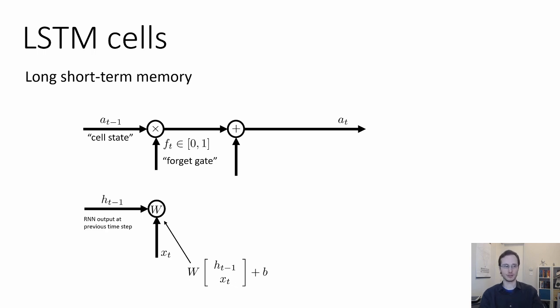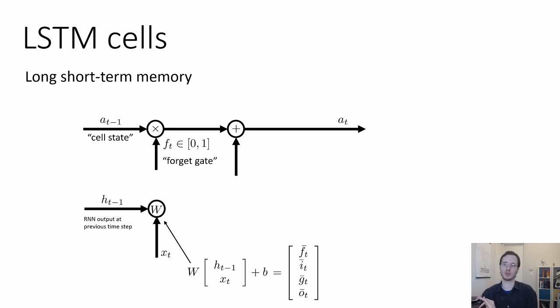Now, this linear layer is going to actually produce an output that is 4 times larger than the output we had before. Before, the output of the linear layer in the RNN was just the same size as ht-1. Now it's going to be 4 times larger, so the matrix has 4 times as many rows. Each of those parts is going to serve different functions.